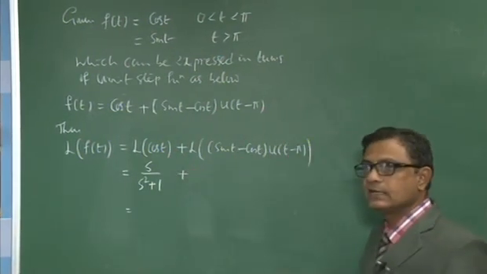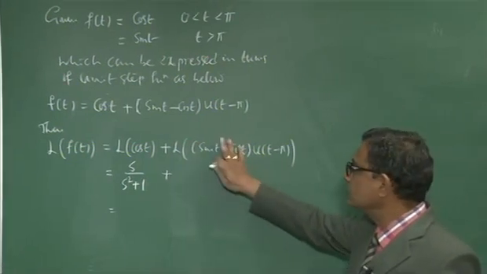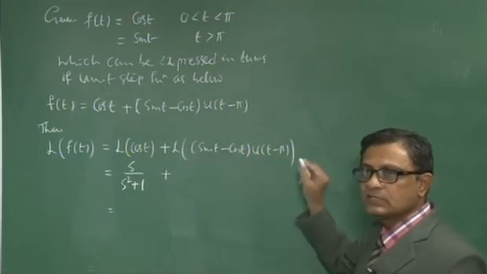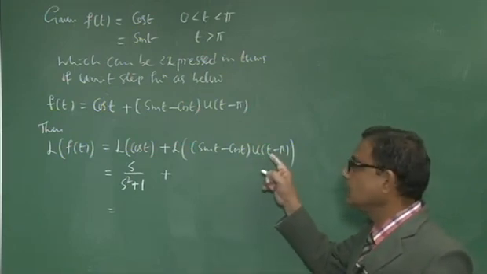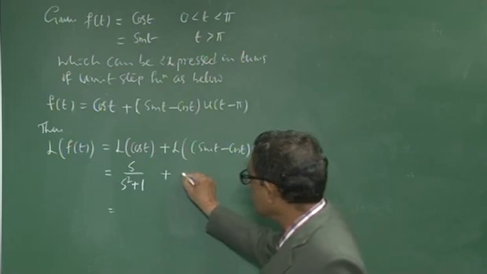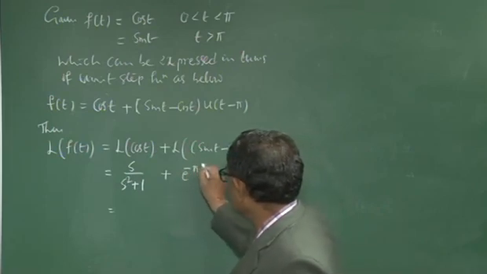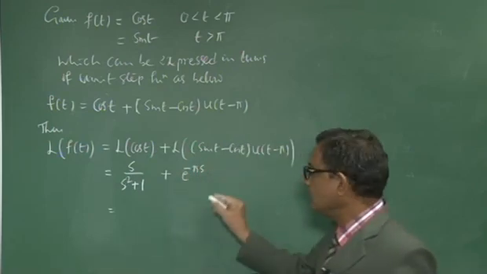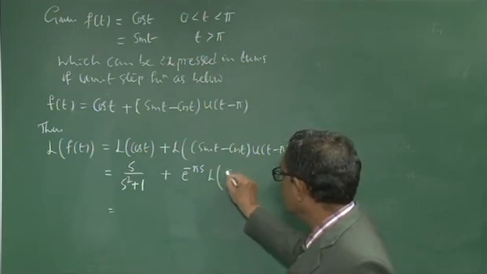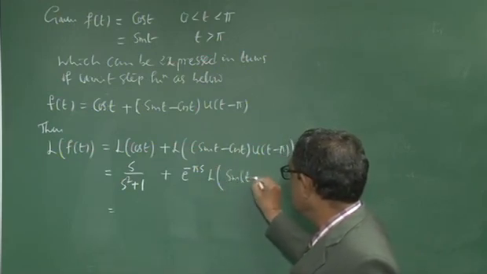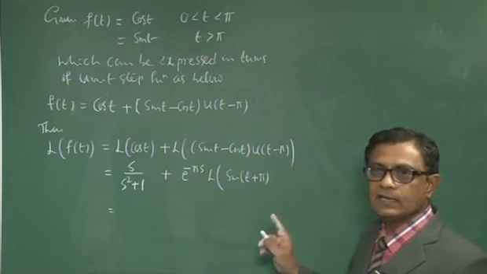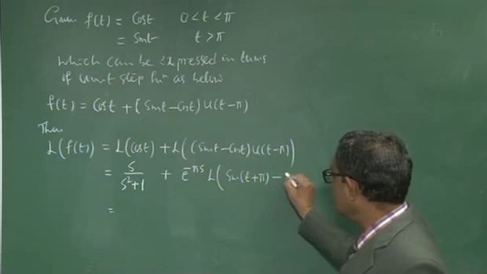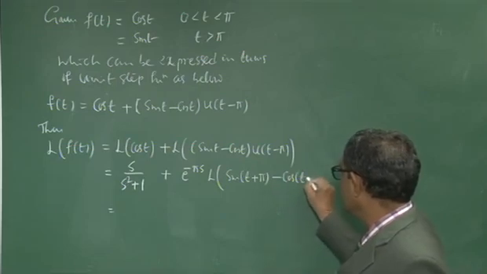How to do this one? The second term, the function is multiplied by the unit step function u of t minus a, so by using the second shifting property, what is your formula? e raised to minus a s, here e raised to minus pi s, L of sin of t plus pi, t changes to t plus a, here pi, minus cos of t plus pi.